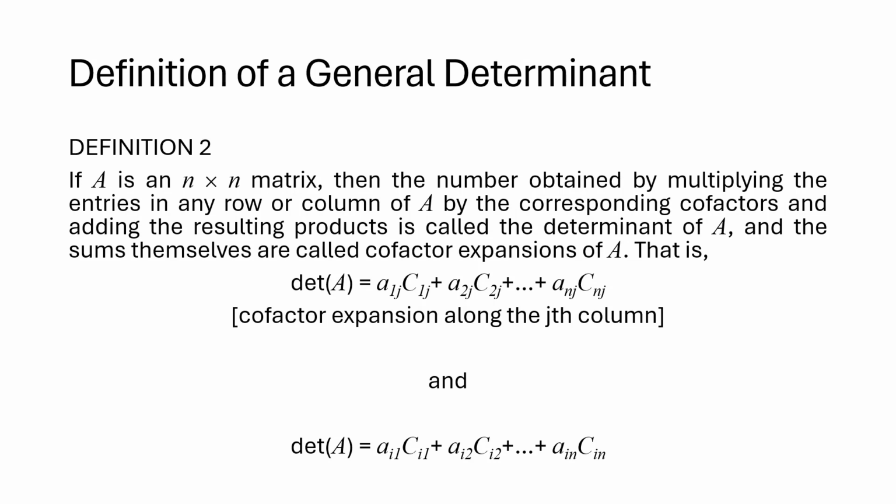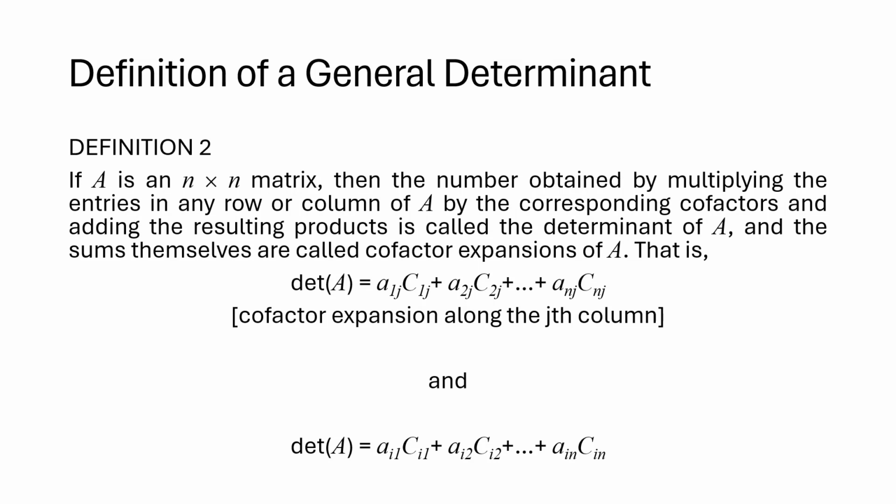The sums themselves are called cofactor expansions of A. That is, the determinant of A is equal to A sub 1j times the cofactor C sub 1j plus A sub 2j times the cofactor C sub 2j plus and so on, plus A sub nj times the cofactor C sub nj, which is called the cofactor expansion along the j-th column.